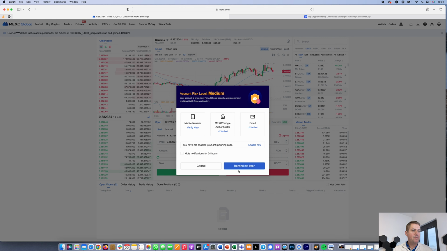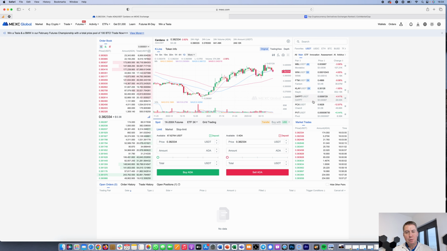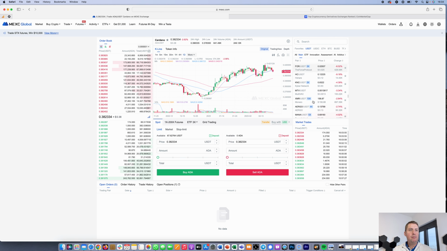So let's say we are trading Cardano against USDT. I would always recommend trading against USDT because that's what most of the trading pairs are against, and those are also the most liquid trading pairs.